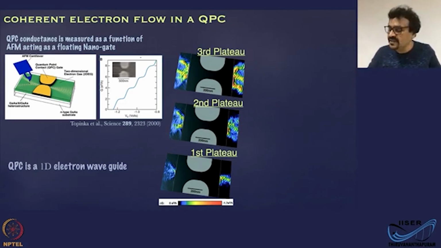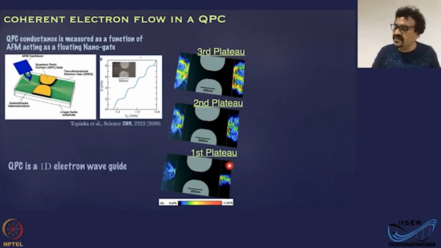So what you can see here is whenever the tip is far away from the center, you don't have any change. What they have plotted here is delta G, the change with respect to the tip. Whether you have the tip there or you don't, it's a change in the current through the system.